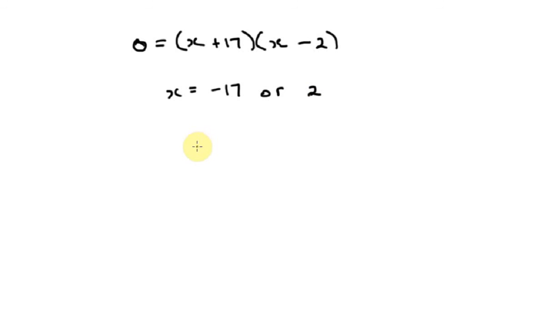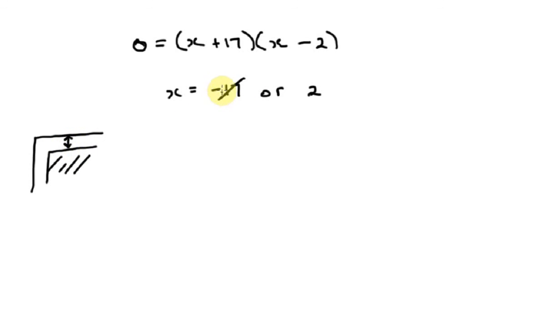Now, I deleted my picture, but remember what x was. I'll just redraw part of it here. If this is the frame and this is my painting, remember that x was how wide the frame is. So does it make sense if x is negative 17? I don't think that really makes a whole lot of sense.